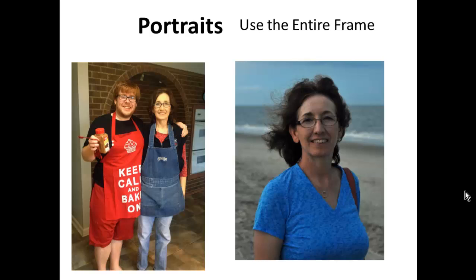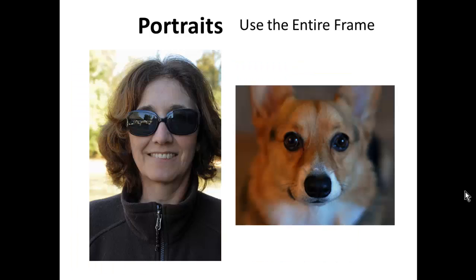Again, this is my wife, and she's posing, and I'm using a lot of the frame. You can see around her that she's at a beach, but that's what a portrait is. Here's a couple more, including Flynn Rider the Corgi here on the right. Now, does a dog know that you're taking his photograph? Probably not.